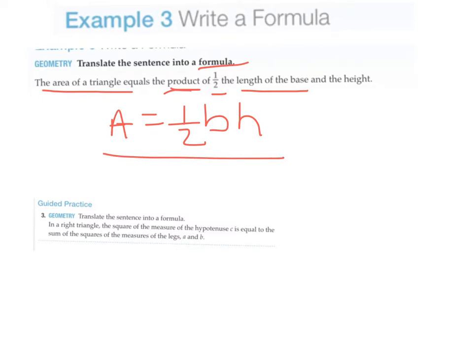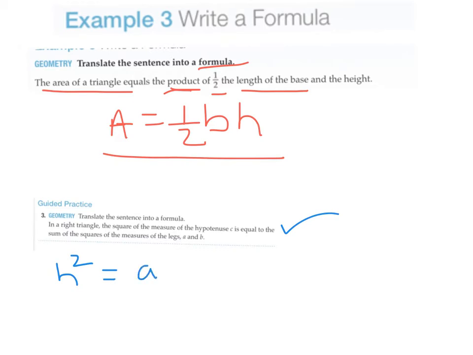Let's look at the next formula. In a right triangle, the square of the measure of the hypotenuse, c, is equal to the sum of the squares of the measures of the legs a and b. So the square of the measure of the hypotenuse, I'm going to go h squared is equal to the sum of the squares of the legs.